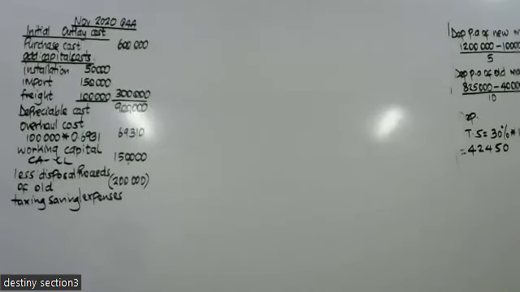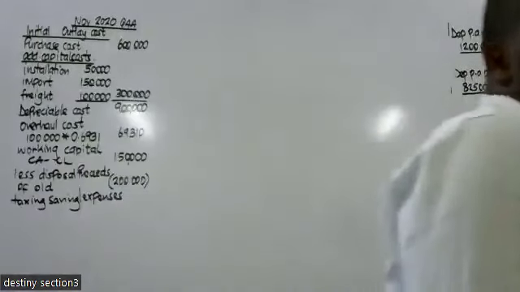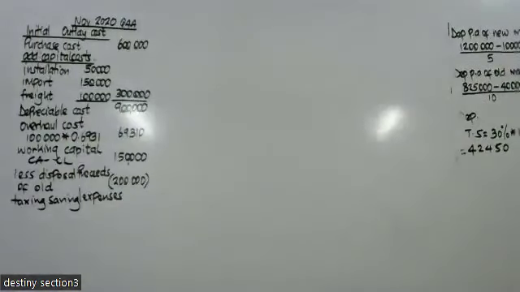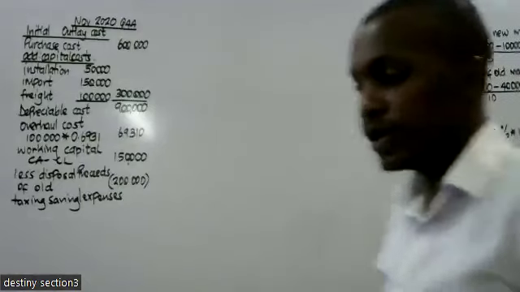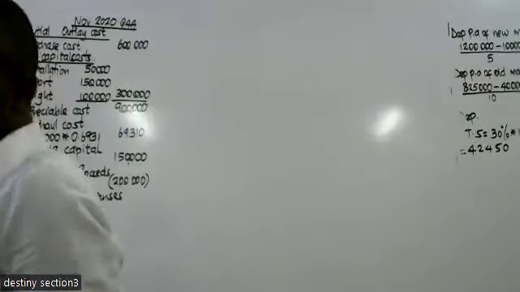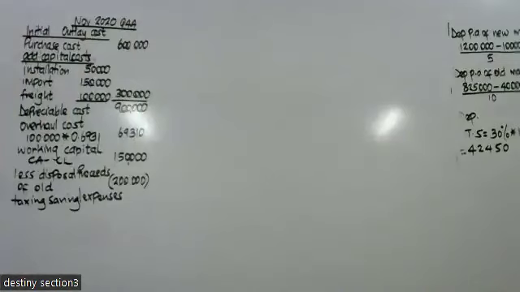The disposal proceeds is 200. The net book value of the older machine, remember it's the older, the cost of that asset will go to ngapi? 500 minus 100 divided by 5 times 3.